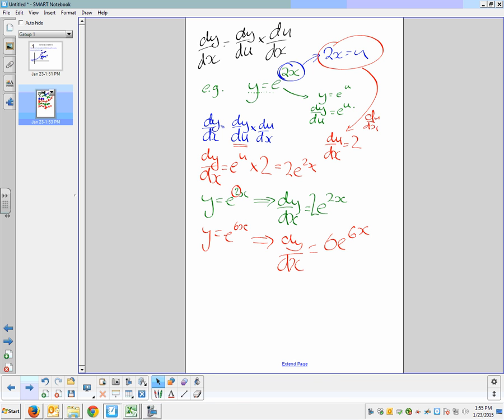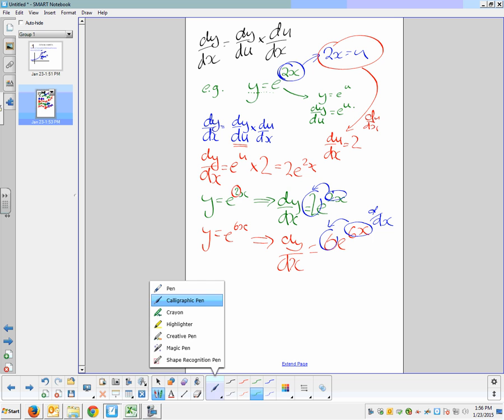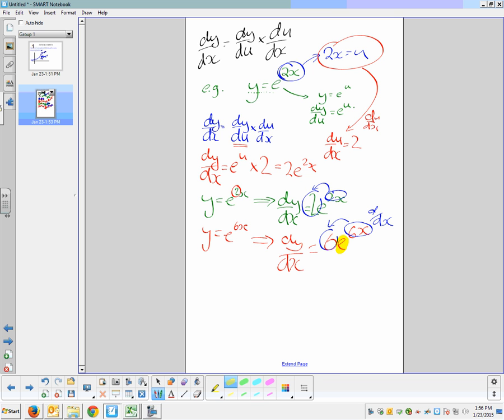And in general, this expression here is the differential of the function in the power. That's how chain rule works. You differentiate the function, and in e to the x's case nothing happens, and then you multiply it by the differential of the function.